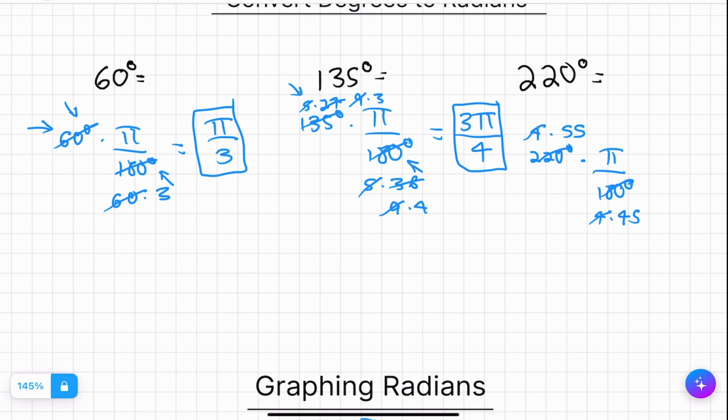We can cancel the 4s. Now we can break 45 and 55 down by 5. We can break 55 down by 5 and 11, and 45 down by 9 times 5, and we can cancel the 5s. We're left with 11 pi over 9, and that's our final answer.